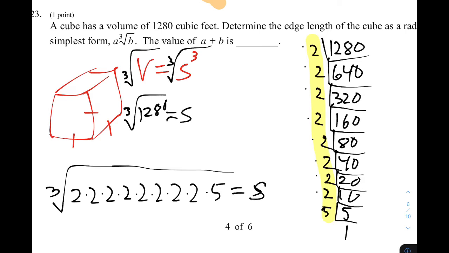I'm looking for groups of 3: 1, 2, 3, and 1, 2, 3. Those are the only two groups of 3 that I can get out of there. So I can bring out a 2 and another 2. And inside this cube root, I still have a 2, a 2, and a 5.